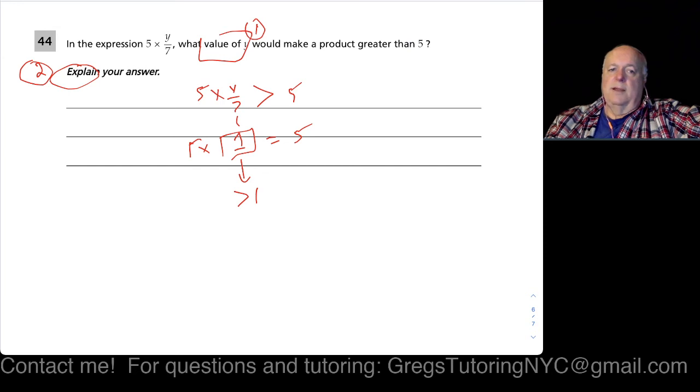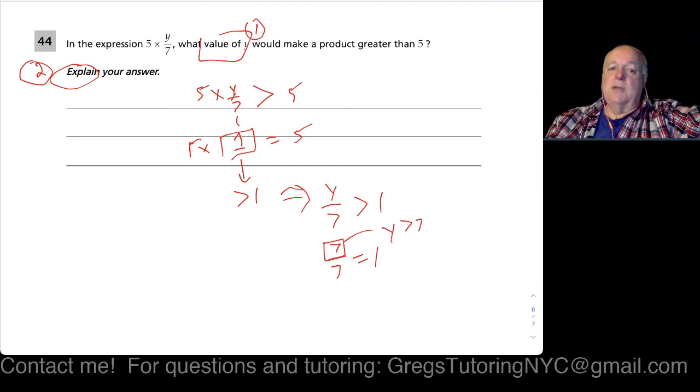So now we're left with, how do we get y over 7 to be greater than 1? Well, if you think it through, any number over itself, so 7 over 7, is equal to 1. So the numerator must be greater than 1. Sorry, 7. Y must be greater than 7.